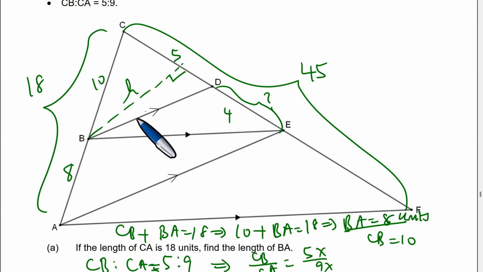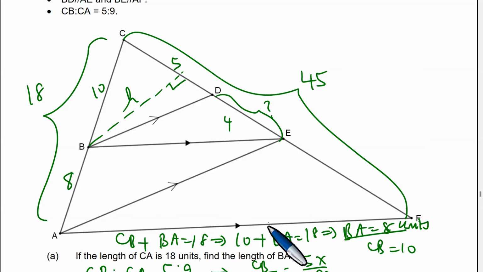So if you look at the ratio now of DE to CF, because obviously we have the 45 there. You can do that in a couple of ways.